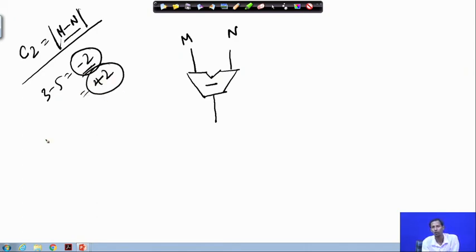So, what will be the logic for implementing that? Now, here I am finding out m minus n, but if m is greater, by default it will produce plus 2.